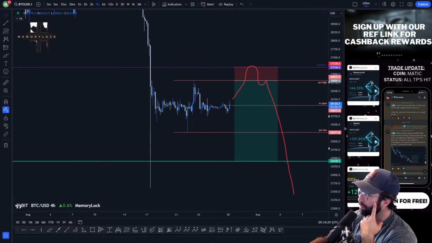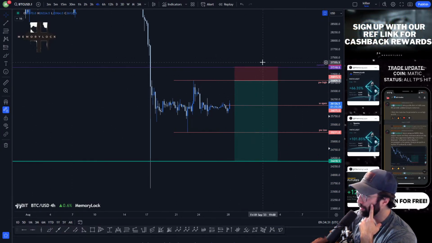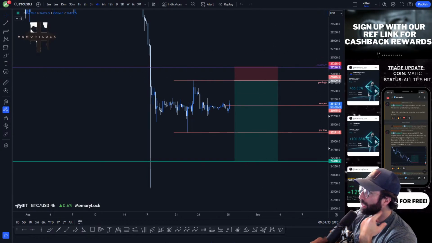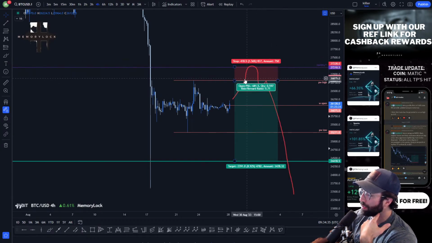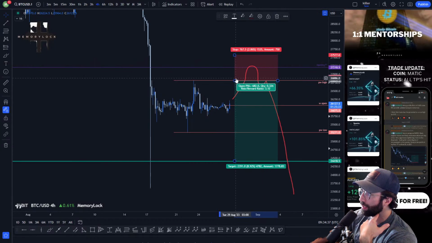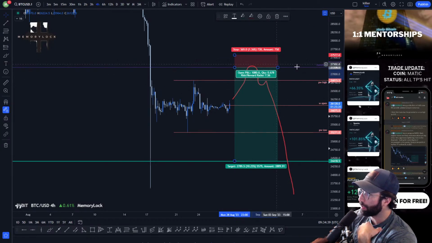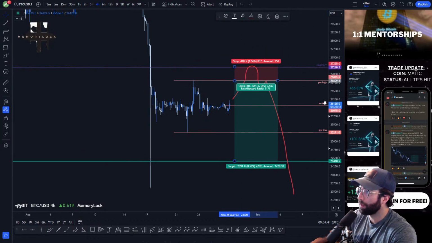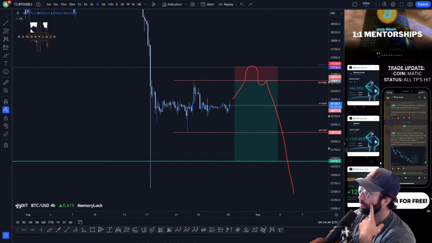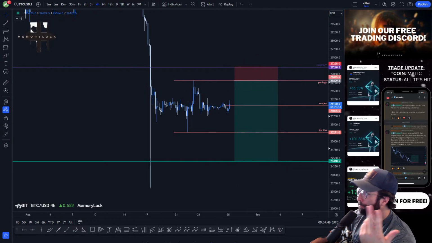One of these two things would be ideal: either a sweep or a deviation. If we get the deviation, obviously this wouldn't be the setup anymore. We would move our entry and our stop loss and make some adjustments, but for now I am going to keep it on this sweep. Again, this would be the trade of the week is what I would be looking for here.